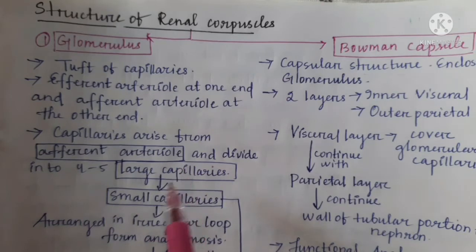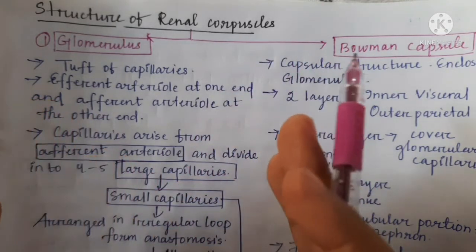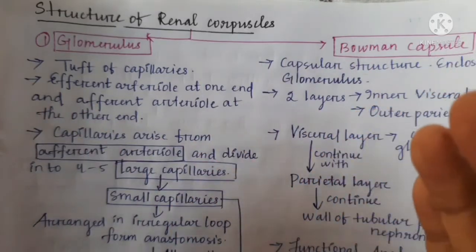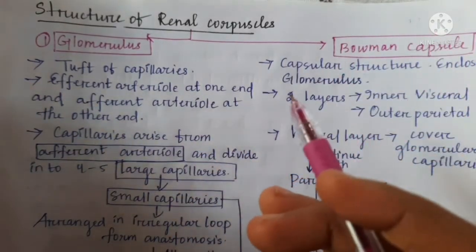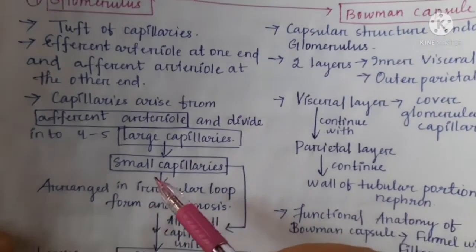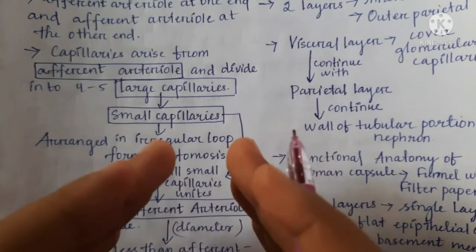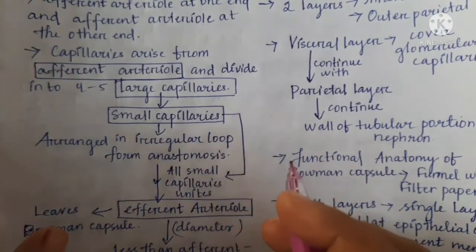Capillaries arise from the afferent arteriole and they divide into 4 to 5 large capillaries, and those large capillaries divide into small capillaries. Then these small capillaries are arranged in irregular loop form and they form anastomosis.